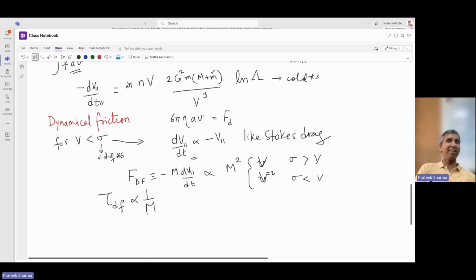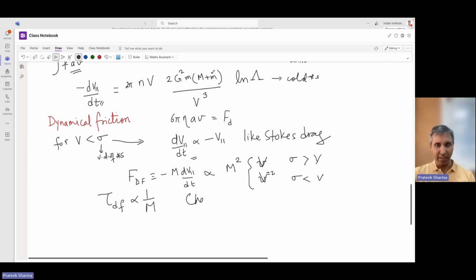All these are gravitating systems, right? The fundamental force here is 1/r². But we are talking about a collection of stars rather than individual stars. So it gives rise to an emergent behavior, which is different from the microscopic law of force.